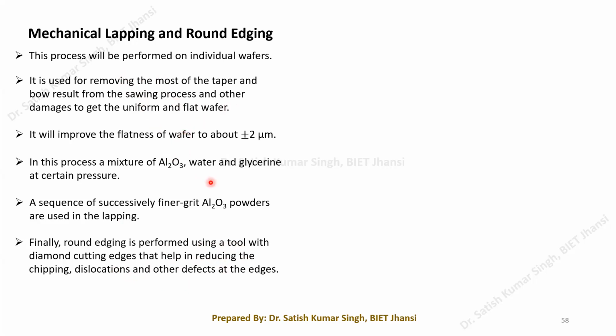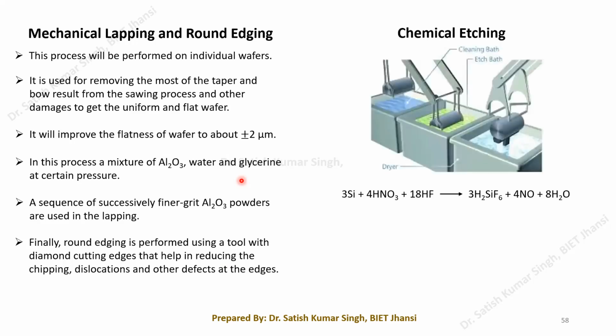So to make it further flat, we need to go through a particular chemical processing. So chemical etching will be done. As I already explained, etching is the removal of certain layers.